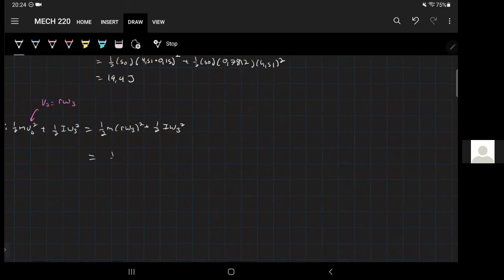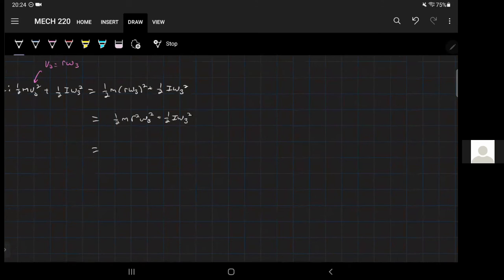Therefore, we get 1/2 m r squared omega 3 squared plus 1/2 I omega 3 squared. I'm going to pull the omega 3 squared out of this, so I'm just left with known constants here.